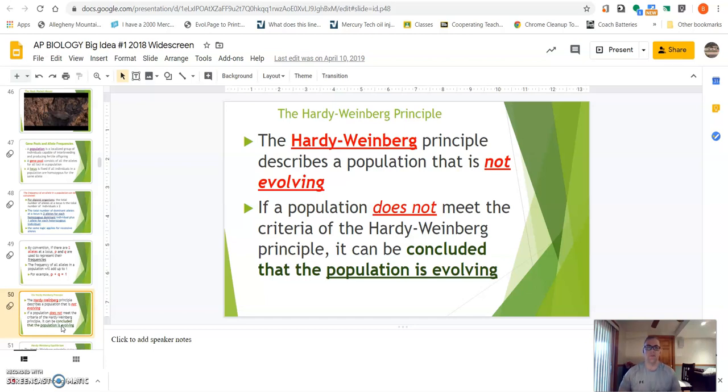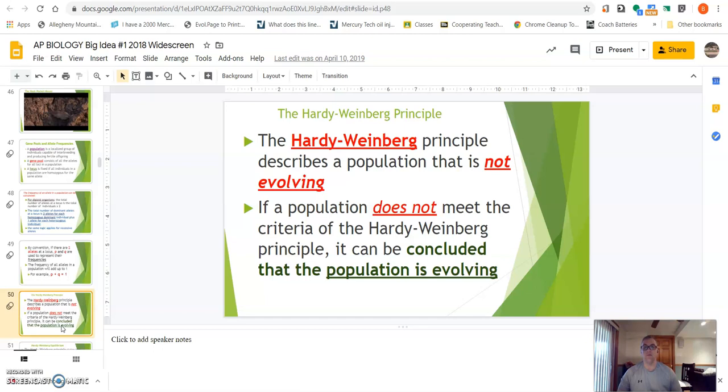So how that ties in with one of our most important calculations in AP Bio is the idea of the Hardy-Weinberg principle. Basically, it describes a population that's not evolving. The Hardy-Weinberg concept is a mathematical concept that you can use to evaluate a population, and it essentially will tell you what a non-evolving population will be. And we're going to go through those criteria.